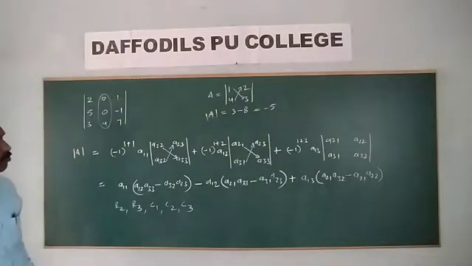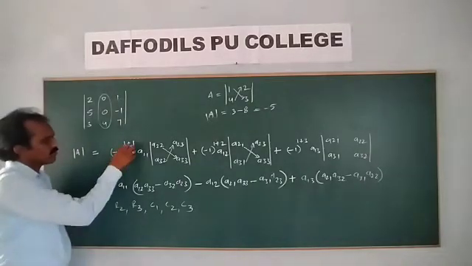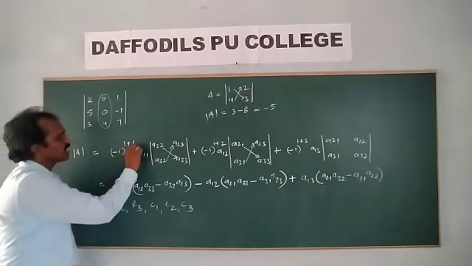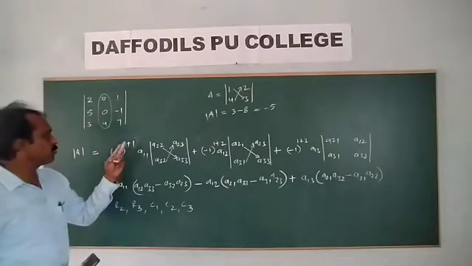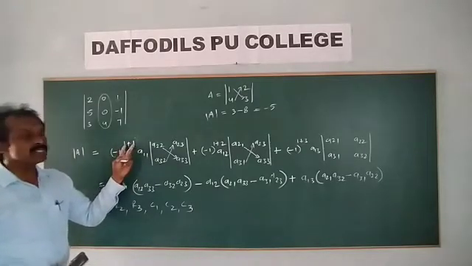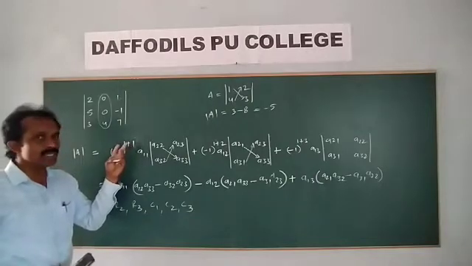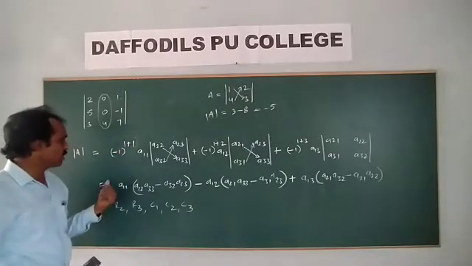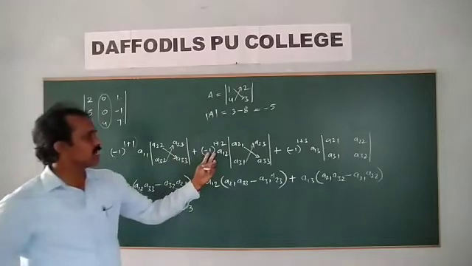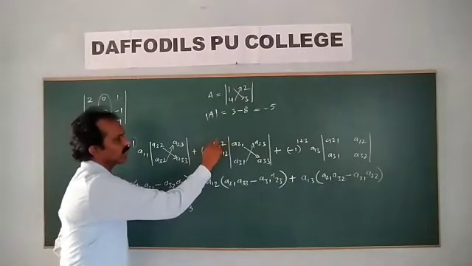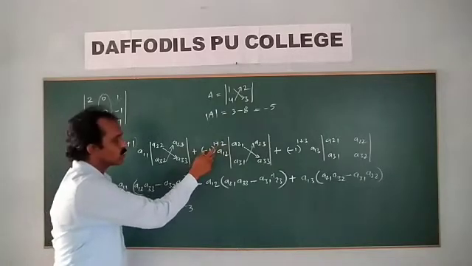And one more important point: minus 1 to the power of 1 plus 1, no need to write this directly. So minus 1 to the power of i plus j: if i plus j is even, directly write plus. This is an even number, so write plus. This is an odd number, so no need to write minus 1 to the power of 1 plus 2, directly write minus.